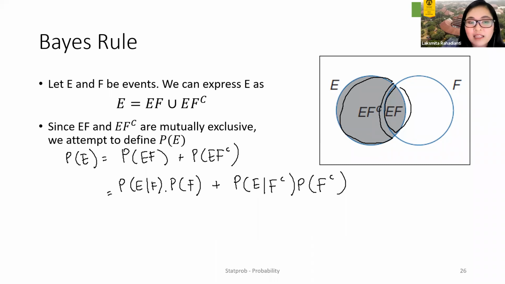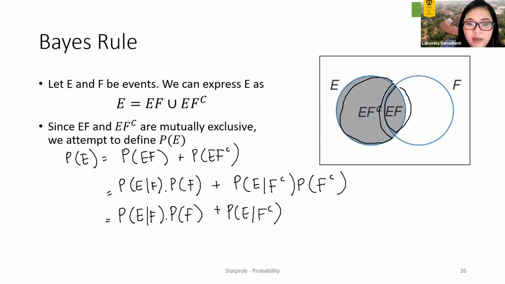So we know that F and F complement are complementary, and if I sum them up, it must equal 1. So in other words, I can write this as P(E given F) times P(F) plus P(E given F complement) times (1 minus P(F)) as follows.